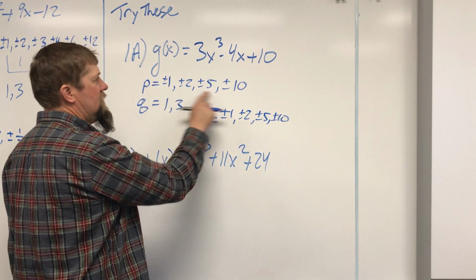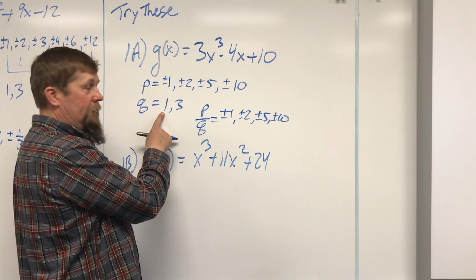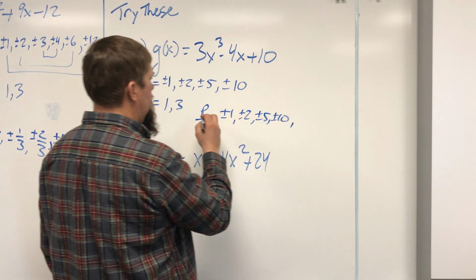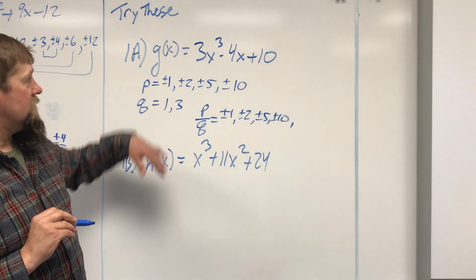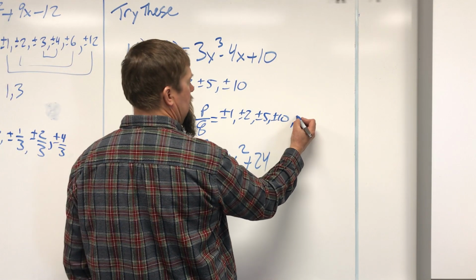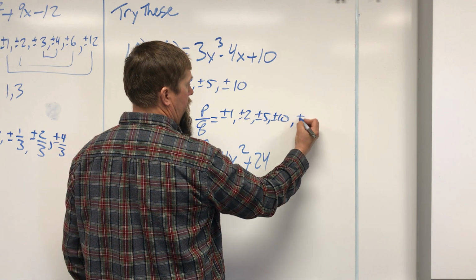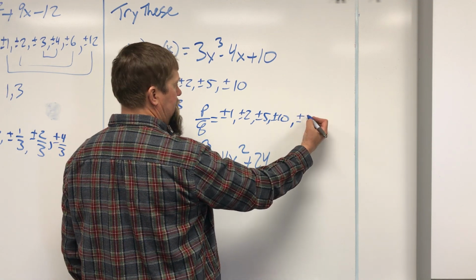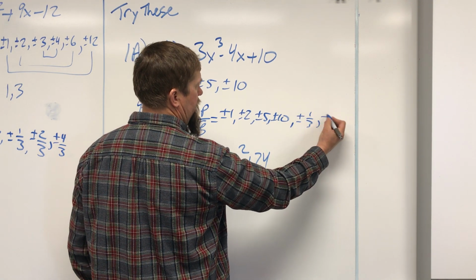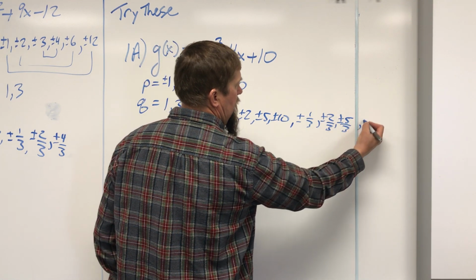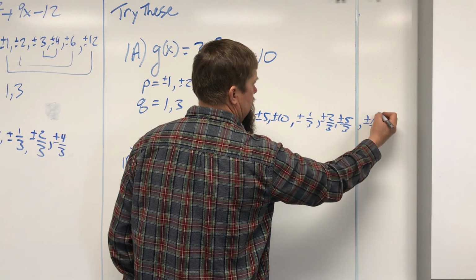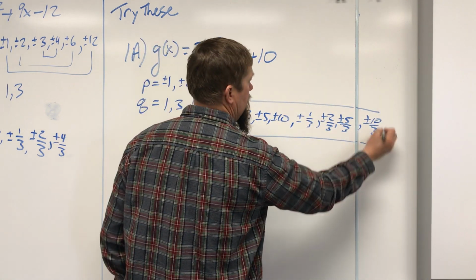You're always going to list these again because that's all over 1. The second part is to take all of these over 3. And obviously none of those are going to simplify, so you're basically going to have another 8. So plus or minus 1/3, plus or minus 2/3, plus or minus 5/3, and plus or minus 10/3. So this is your answer right here.